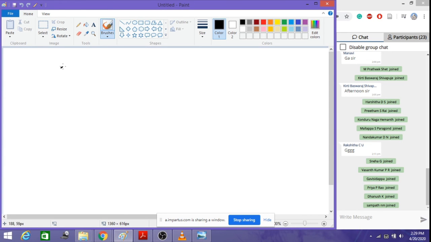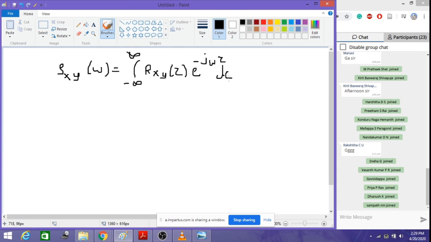So then finally our spectral density equation will become Sxy of omega, or this can also be written as j omega, which is equal to an integral of minus infinity to plus infinity, that is Rxy of tau into e power minus j omega tau into d tau. So this we can obtain the same way as we obtained the spectral density equations, by comparing the power equations of both the time domain and the frequency domain.